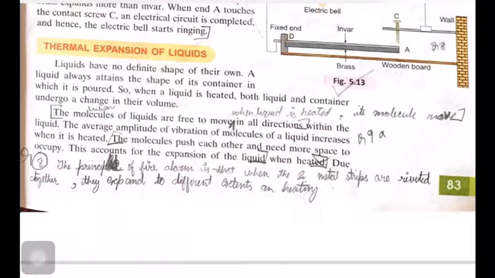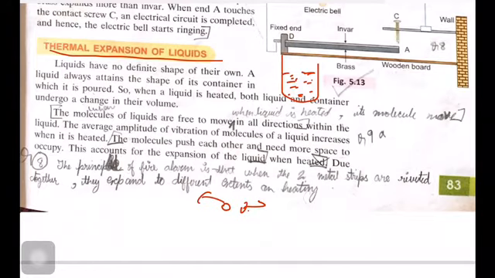Fine. Next is thermal expansion in the liquids. You know that in liquids also, when there is a liquid, maybe water or any other liquid, when we supply the heat, the temperature of it increases, and due to the increase in temperature, the molecules get the energy and they start moving here and there in all directions, and they are free to move in all the directions within the liquid.